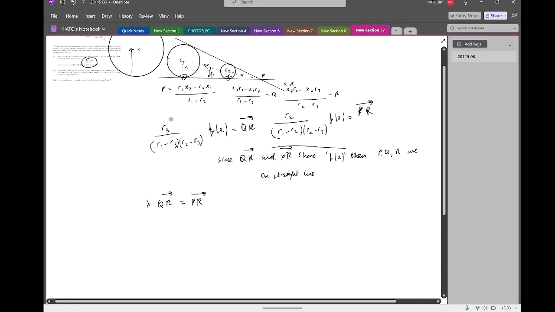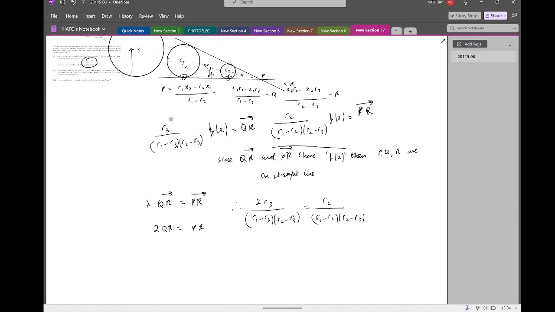So we need 2QR to equal PR. Okay, therefore 2 times r3 over (r1 minus r3)(r2 minus r3) must equal r2 over (r1 minus r2)(r2 minus r3). Okay.